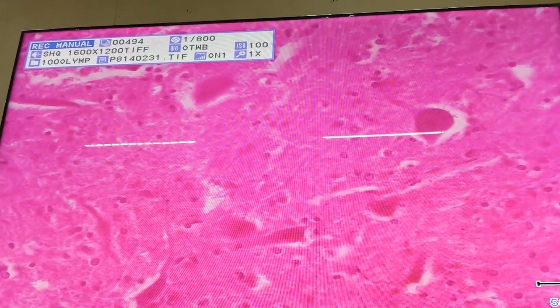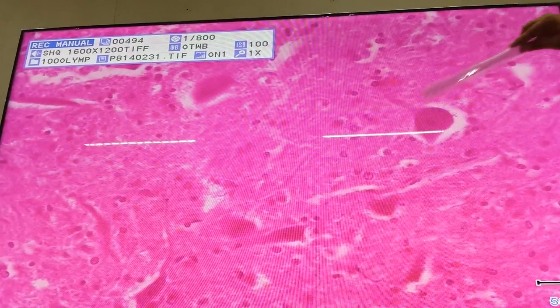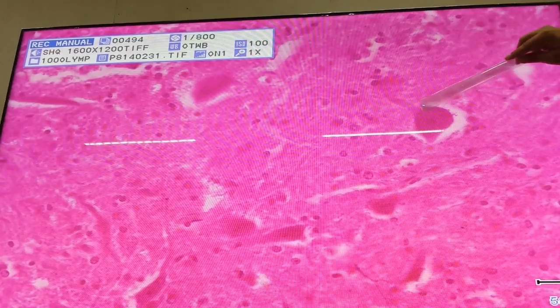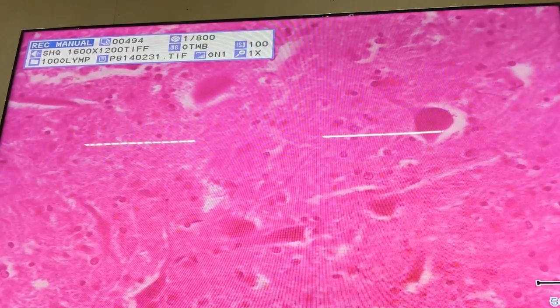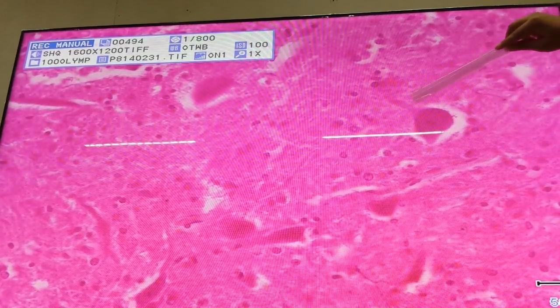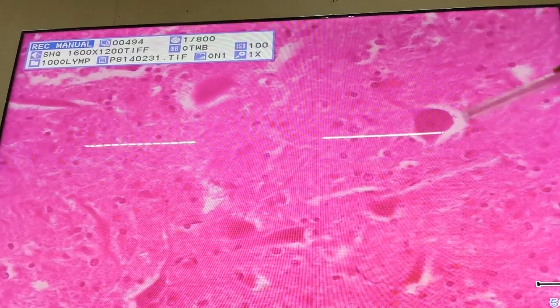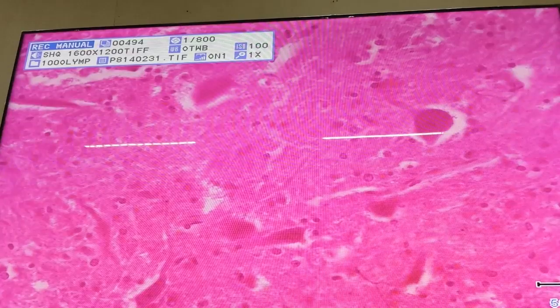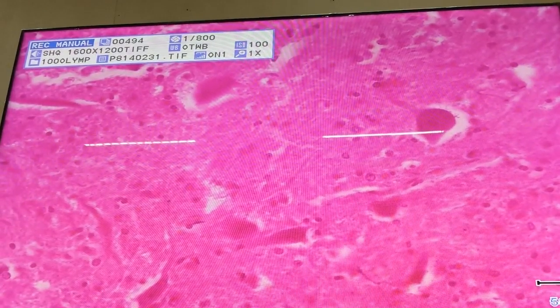So the differentiating feature between the dendrite and the axon: I'm not sure if this one is the axon and this one is the dendrite. Okay? So if there's a presence of Nissl bodies in that particular process, that's the dendrite.